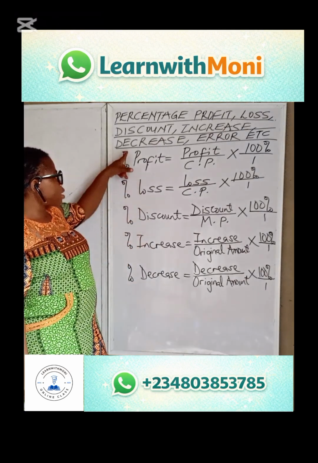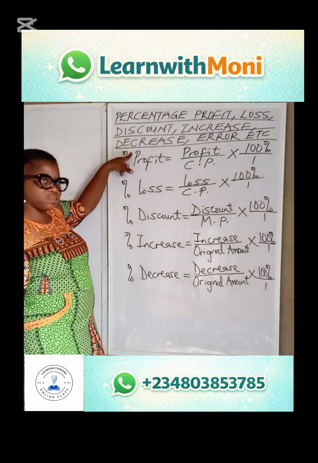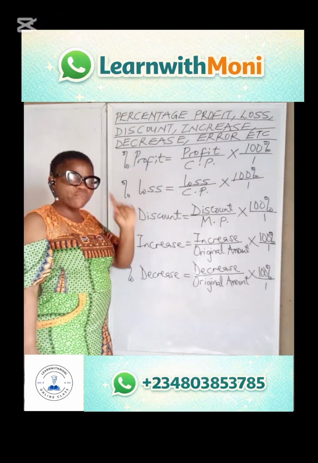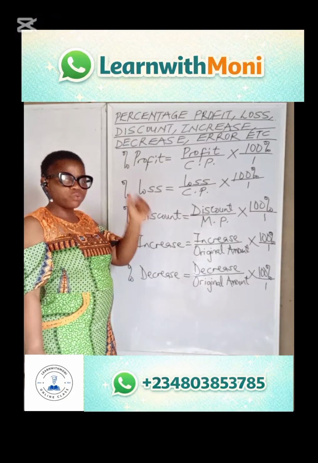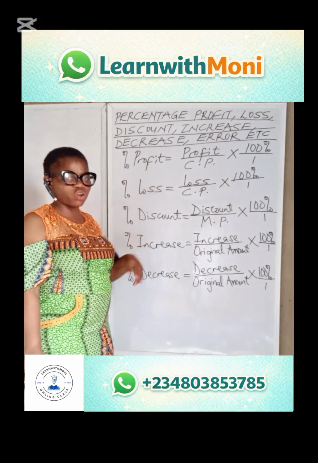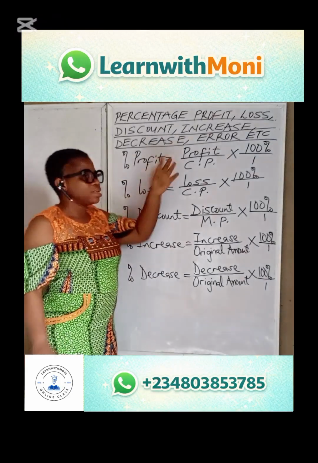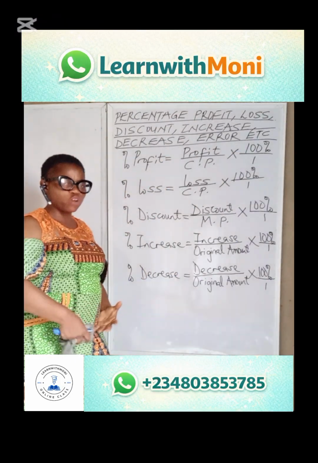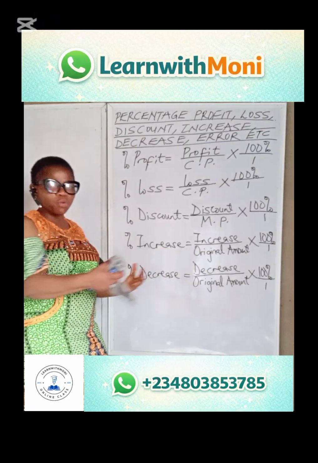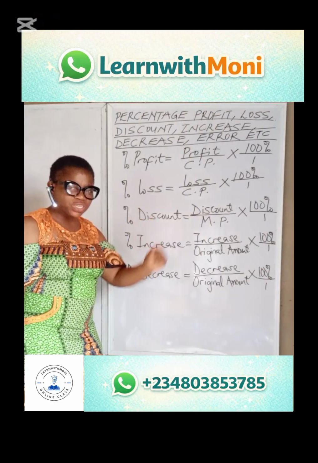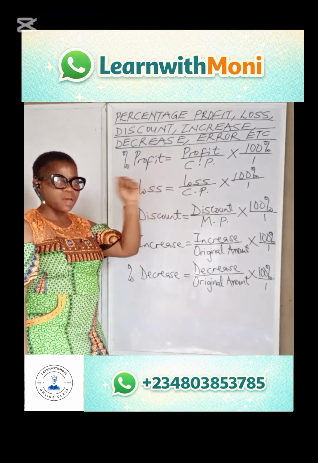Look at it. When I'm looking for percentage profit, it is the actual profit over the first price, the original price involved, the initial price involved in the transaction. For buying and selling, you have to buy something first before you want to sell it. The amount you bought it is the first price, the original price, and that is the cost price.